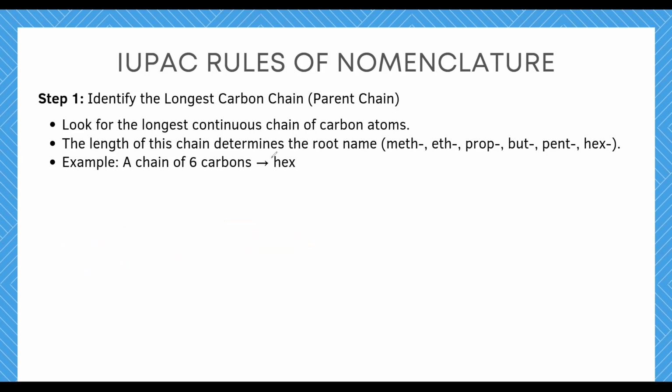Yes, sir. Beautiful. So when you identify the longest chain of carbon atoms, the length of that chain determines the root name. Now, let me show you some examples. When you have a carbon chain that has only one carbon atom, you use the root name METH. This is called meth. Say meth. Good. When you have a carbon chain that contains two carbon atoms, you use the root name ETH.